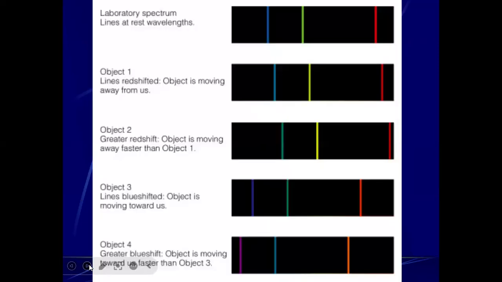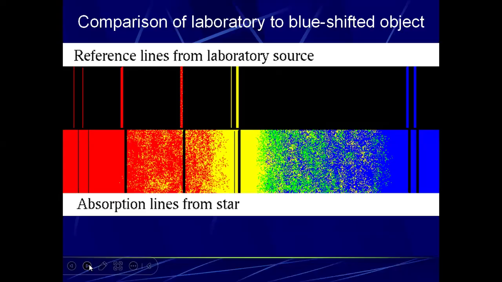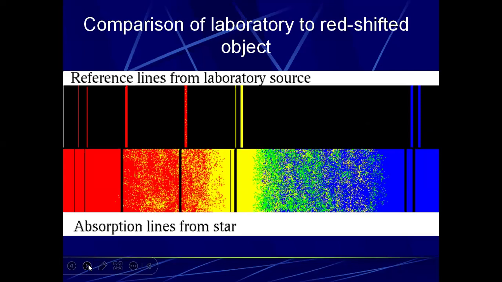So in a laboratory spectrum, comparison of laboratory to a blue shifted object: reference lines from laboratory source and absorption lines from star.